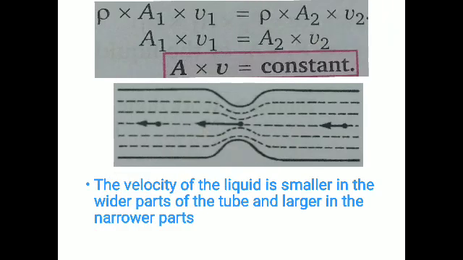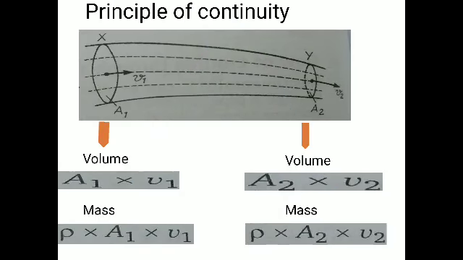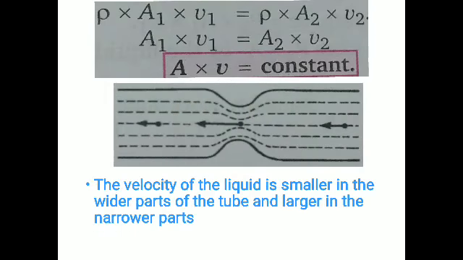Now the liquid which enters at point X must leave from the other end Y. Hence, the mass which is entering at point X will be the same amount of mass which is leaving through the point Y. According to that, the mass at point X is this one, the mass at point Y is this one, which will be the same.